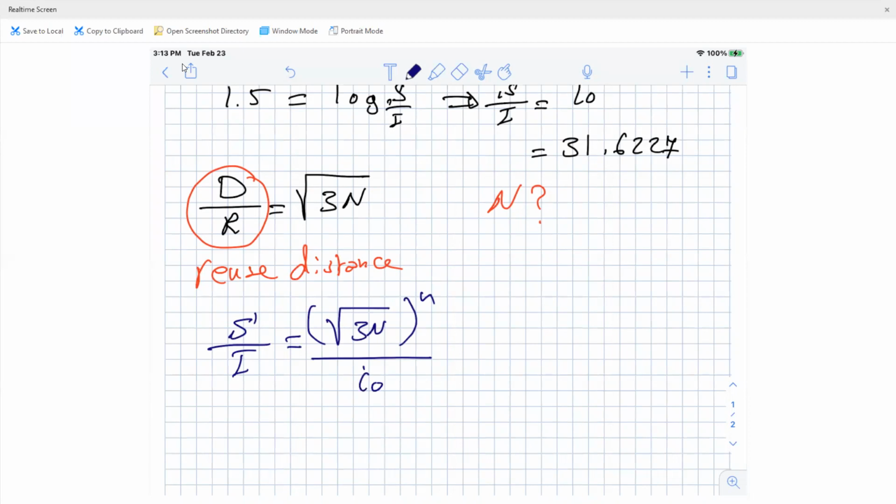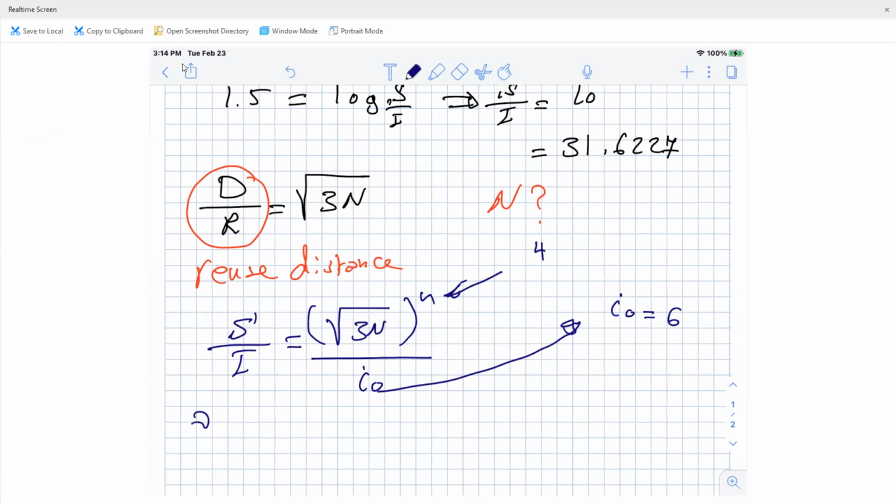In the case of an omnidirectional antenna, I naught must be 6. So I naught is already known, I naught equals 6. N small is given in different values: n equal to 4, then n equal to 3.